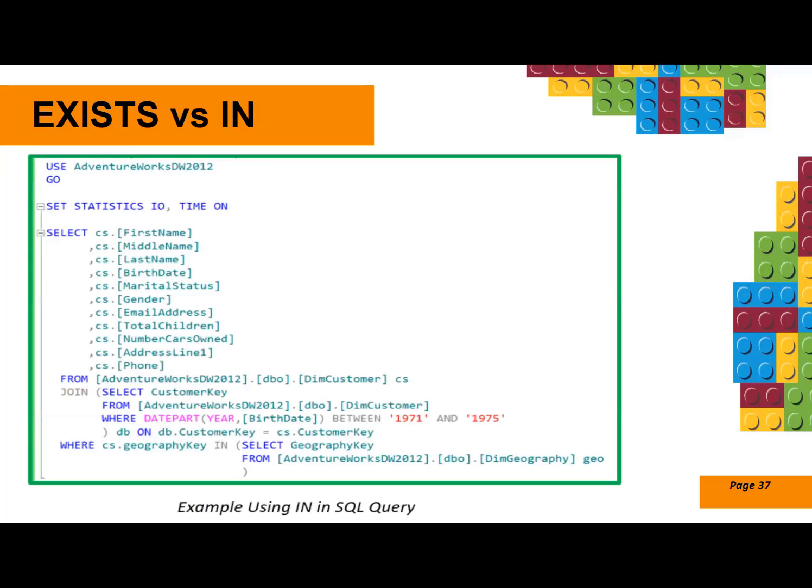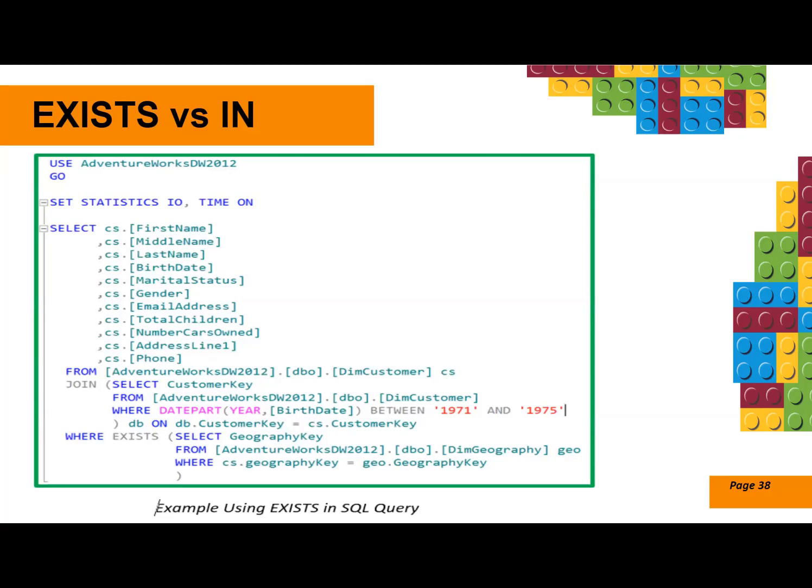So I provided the example using in. Basically, it's like subquery. It's like if you want to search for, let's say, student ID in, for example. This example I used the Adventure Works database, which I said, hey, I want to see my geography key in that select subquery statement.